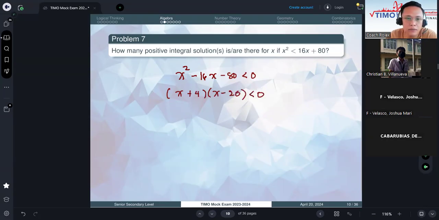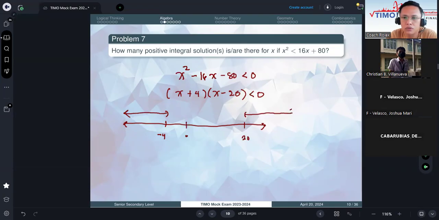So as you can see, on the number line, our x should be less than negative 4. This is negative 4, this is 0, this is 20 and greater than, so there should be no solution.